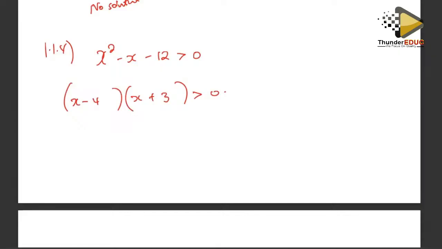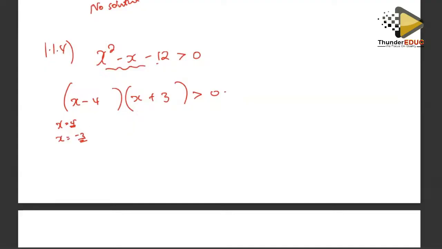So we need to identify the solutions, which are known as the critical values. Okay, with those critical values, what do we do? We know that x is going to be 4, and then x is going to be negative 3. But now remember, this is a parabola.